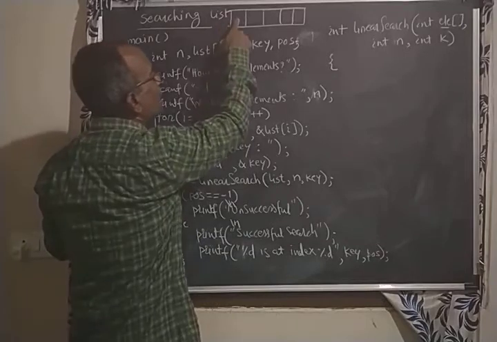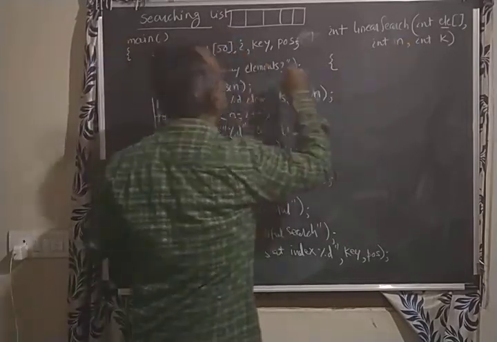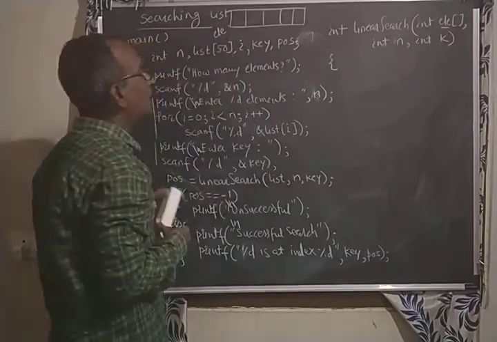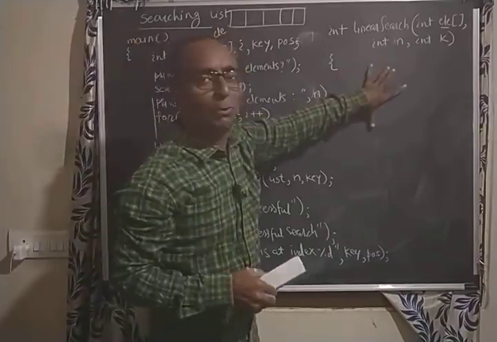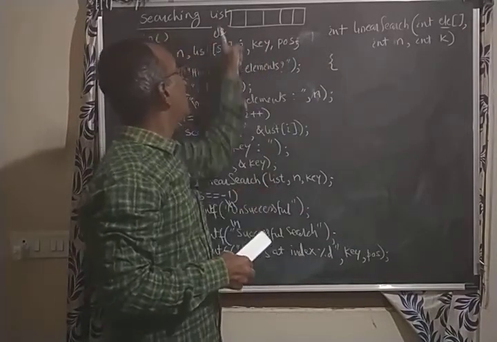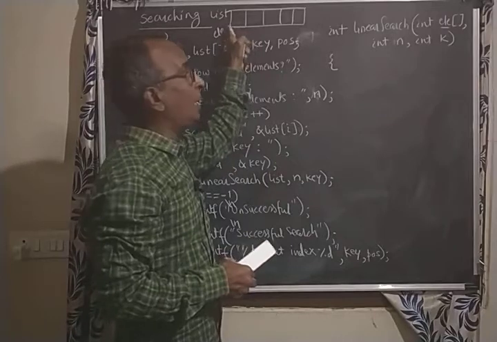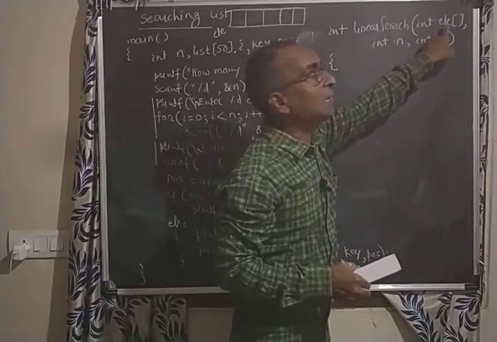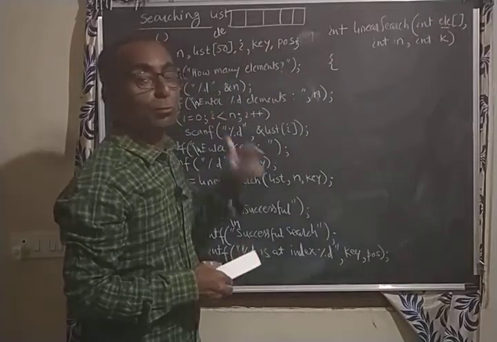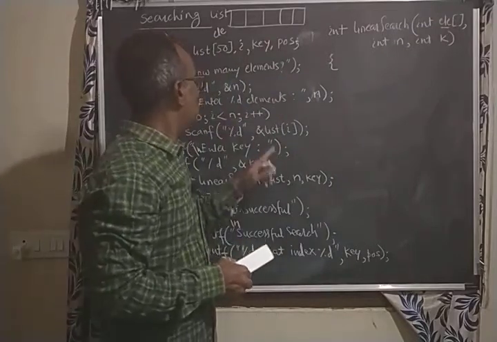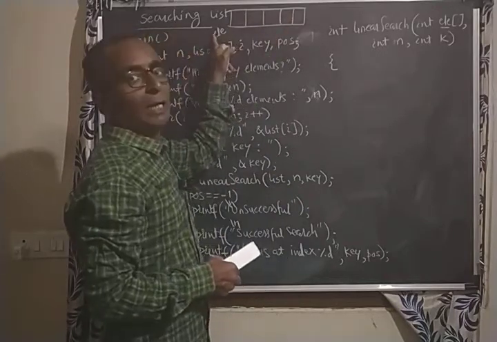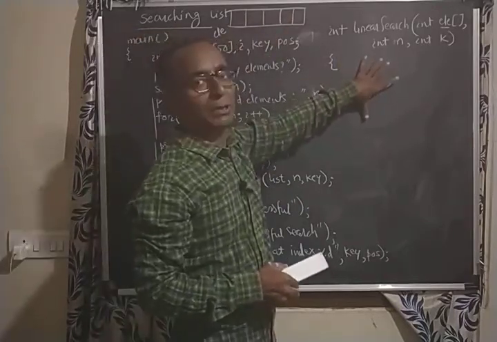When you pass the first element's address into element, it can also be accessed through element in this particular function. So the address of the first element of list is copied into element. Element is also now a pointer variable to a one-dimensional array. So these elements can be accessed by element as a name also in this particular function.